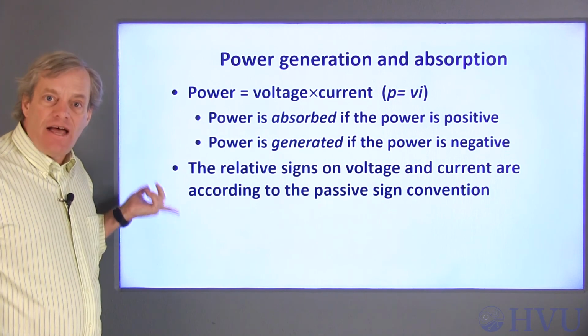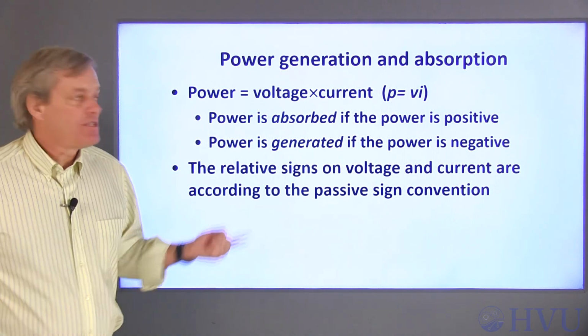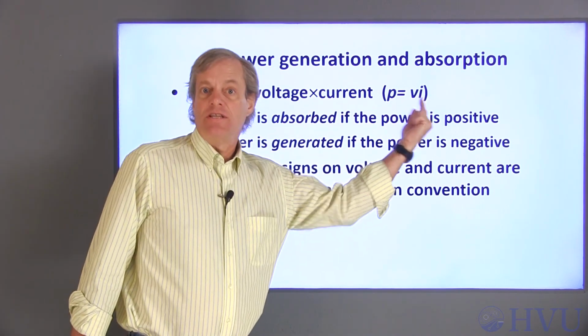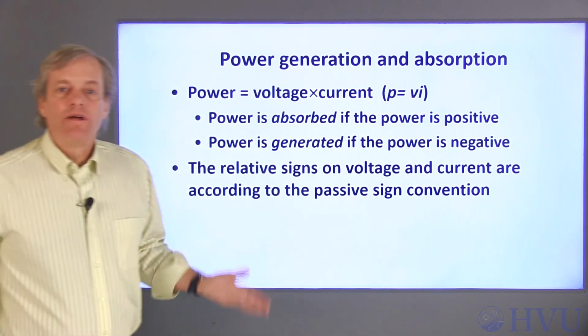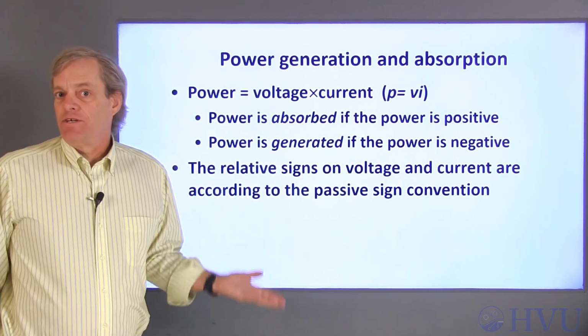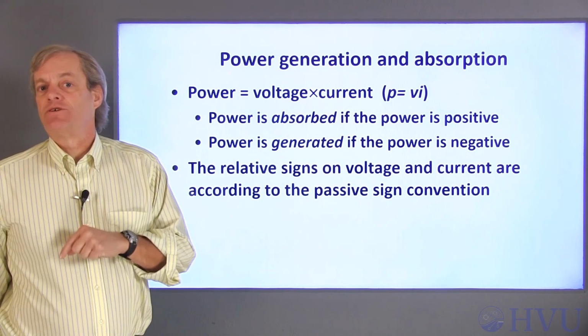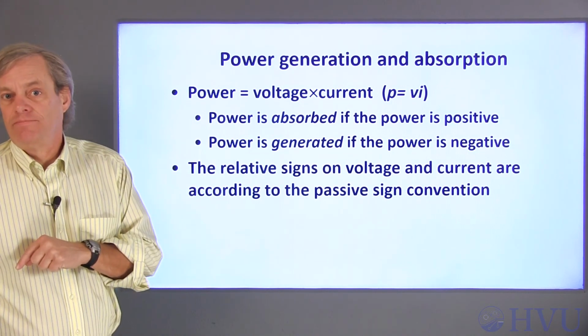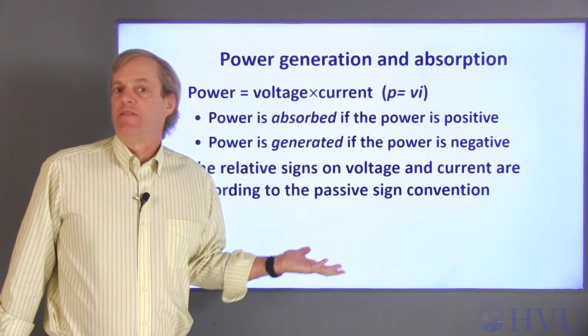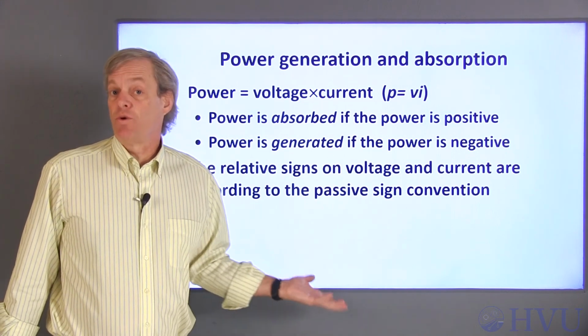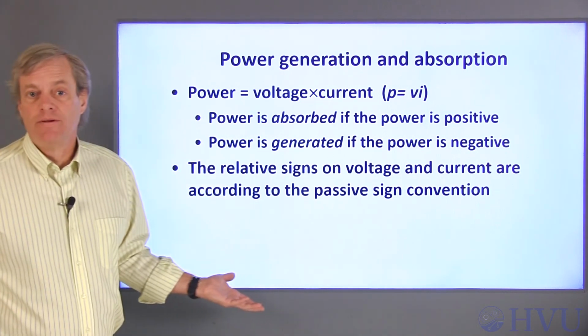The passive sign convention determines the relative signs on voltage and current in the power calculation. Recall that in the passive sign convention, the assumed positive current enters the assumed positive voltage terminal. Individually, the sign convention for either voltage or current can be chosen arbitrarily.